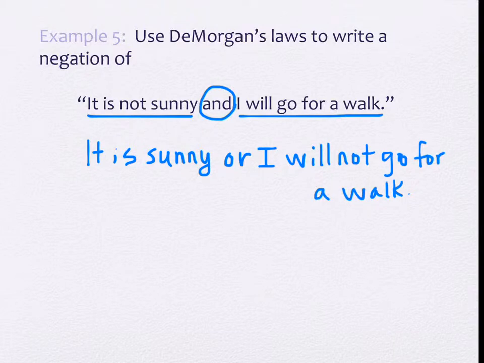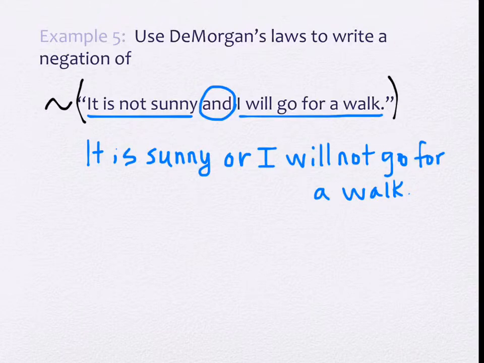Now, this is supposed to be the negation of the original statement, right? In other words, if I said, I'm about to tell you something that's not true, the thing I'm about to tell you is, it is not sunny and I will go for a walk, right? It's the opposite of that statement. The opposite of that statement is the part that I wrote in blue. So the original statement was that it was cloudy outside and you're walking, okay?